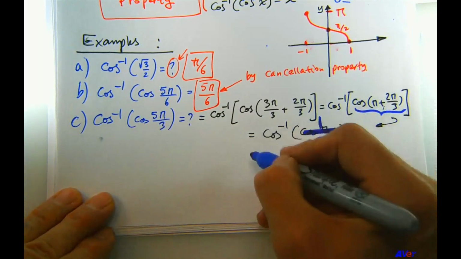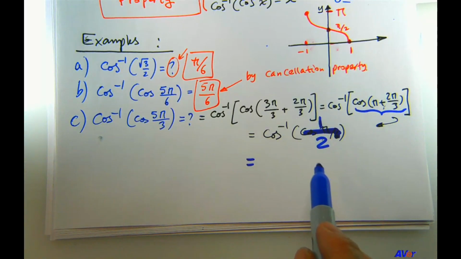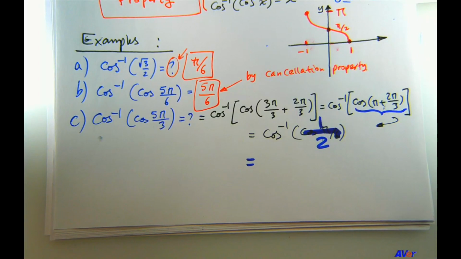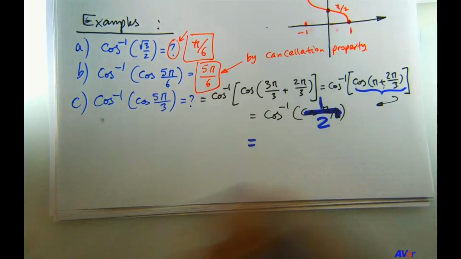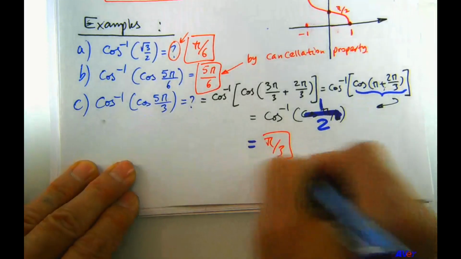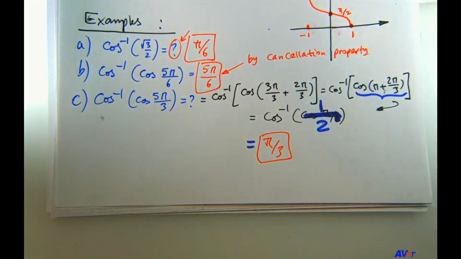We're finding the angle for which the cosine is 1 over 2, and that would be cosine of pi over 3. So this would be pi over 3, like that. Okay.